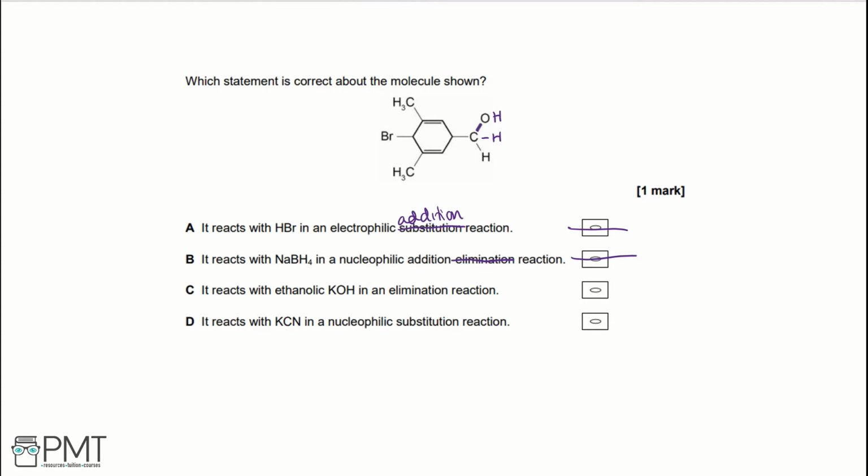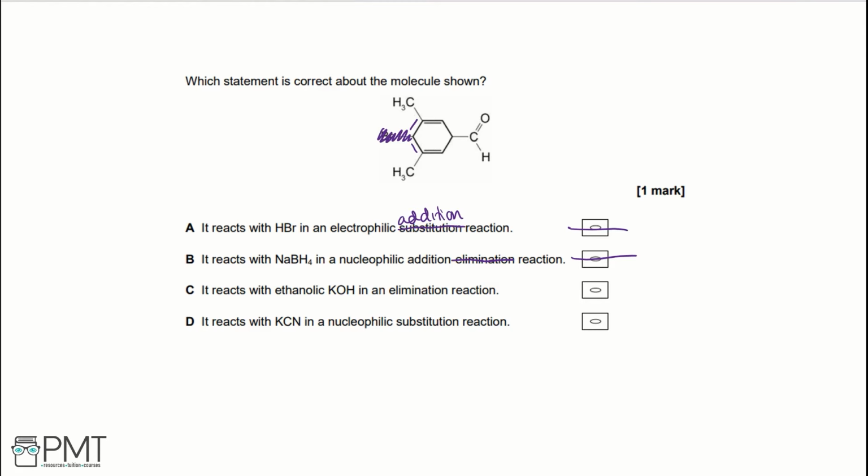Then if we look at ethanolic potassium hydroxide and its elimination reaction, what would happen here is the bromine, or the haloalkane, will get lost, that's going to be eliminated, and in its place you're going to get either a double bond here or a double bond here.